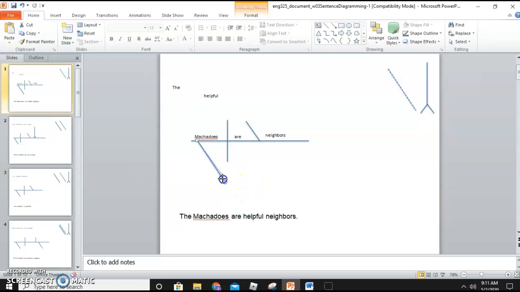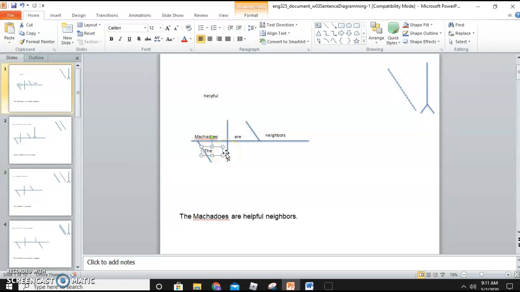And what a sentence diagram does is it shows us how everything is functioning and related to each other. So a slanted line is going to hang off of what it's modifying. So we have Machados here, and articles are always modifying nouns, always. So they're always going to go below on a slant, below a noun.